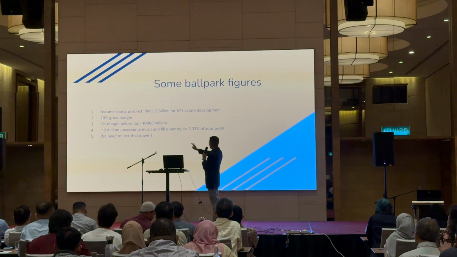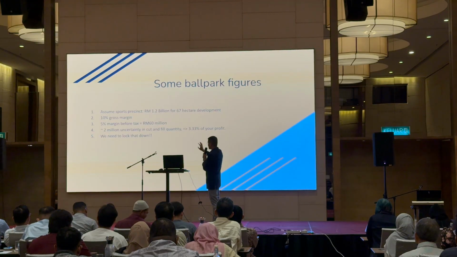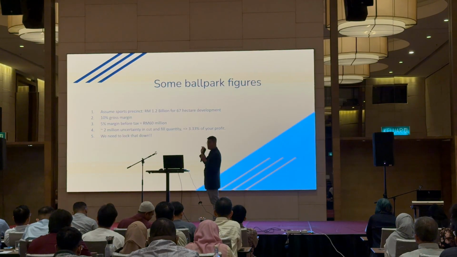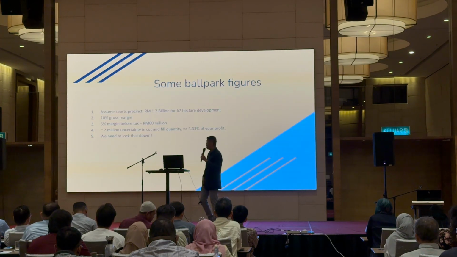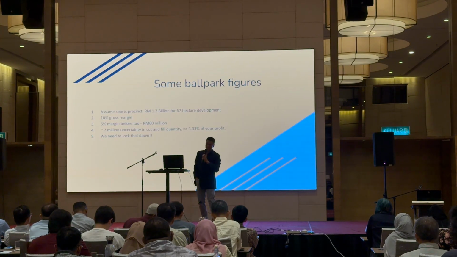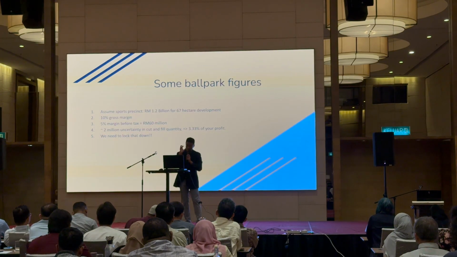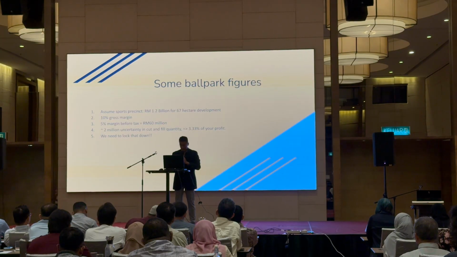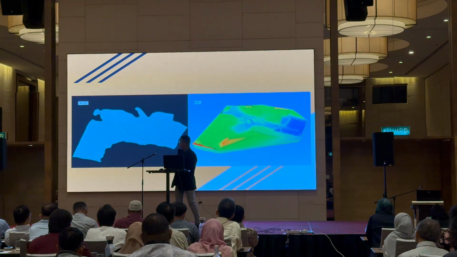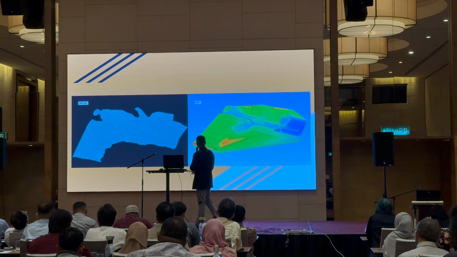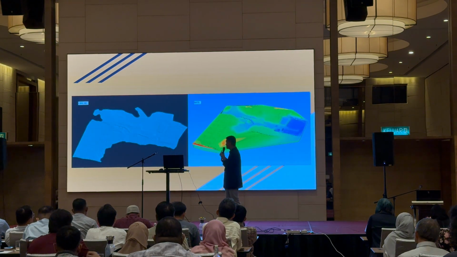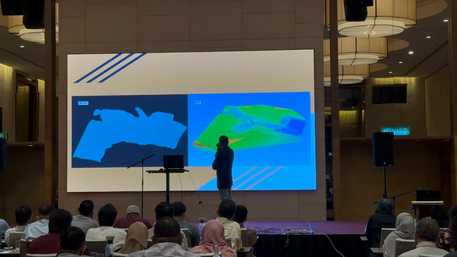So let's say there is 2 million meter cube uncertainty in your cut and fill quantity, it's almost 3 to 4% of your profit. This is eating purely into your profit. So we need to find a way to reduce that, narrow it down to make it acceptable to our clients. The first thing that we check is the 3D view. As you can see, in Civil 3D, this is how it looks like.